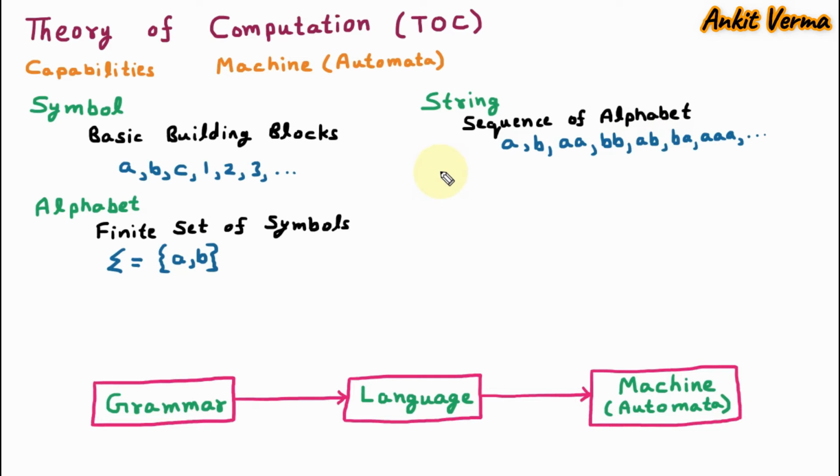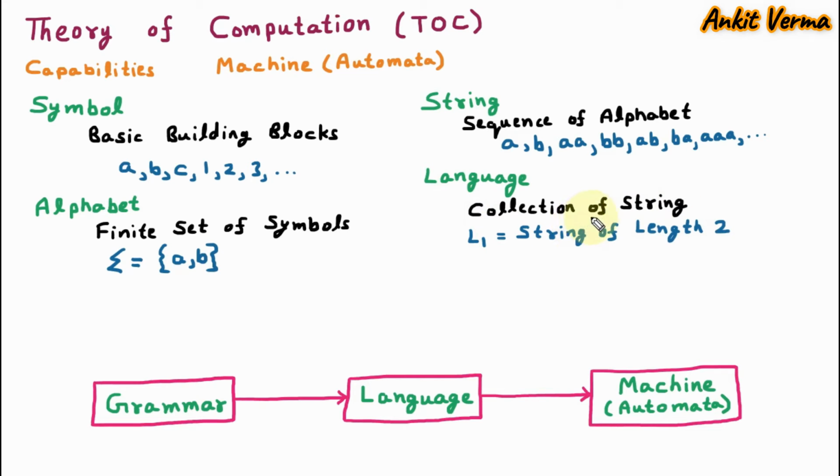Next thing is language. It is the collection of string. So strings can be combined together and they form a language. Let's assume we are having language 1 and that is string of length 2.